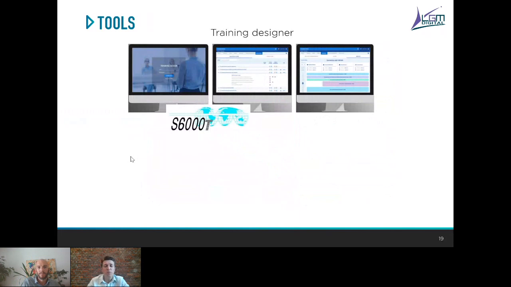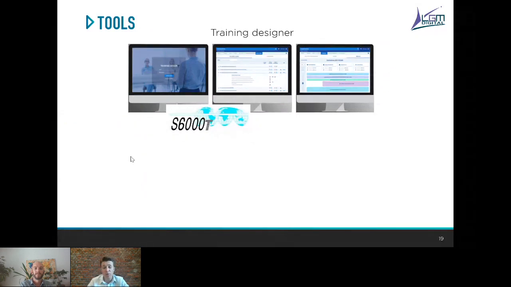But what is more complicated is to manage all data and to make sure that it's easy to enter the data and to use this data, to transmit this data.